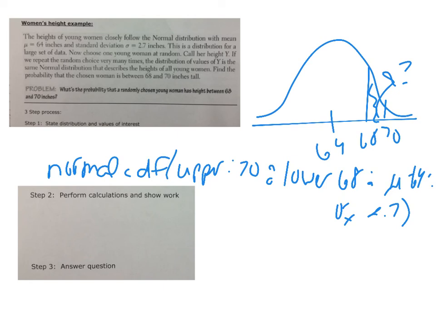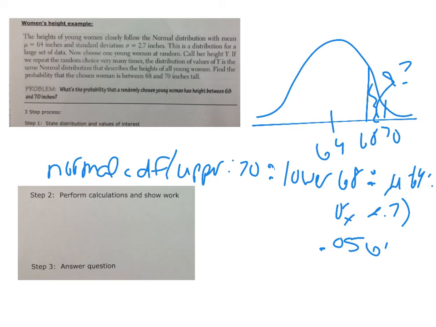I need to make sure I've identified what all those numbers mean. There should be colons in between each new thing you're identifying. I can punch that into my calculator and it will spit out the answer, but I've got to make sure I've identified everything that I put into my calculator.